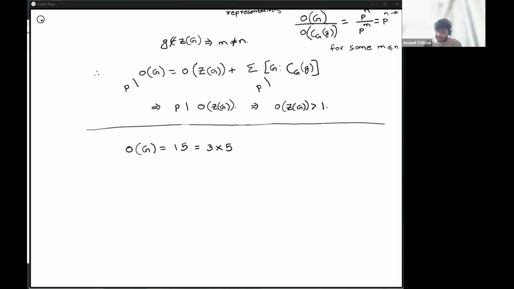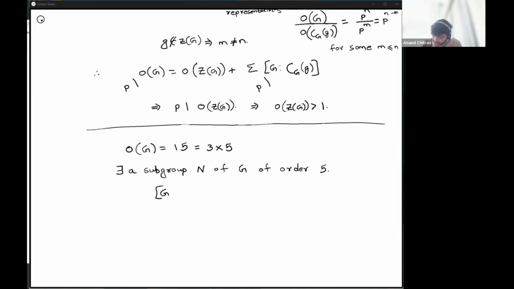Now, by Sylow's theorems, which will show up in subsequent talks, you know that there exists a subgroup, I'll call it N, of G of order 5.